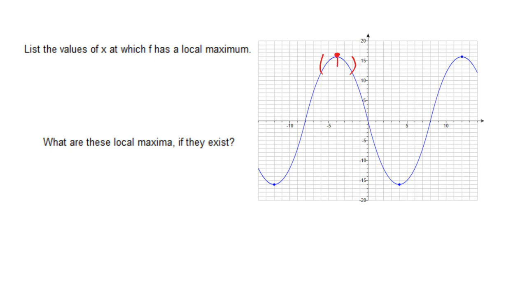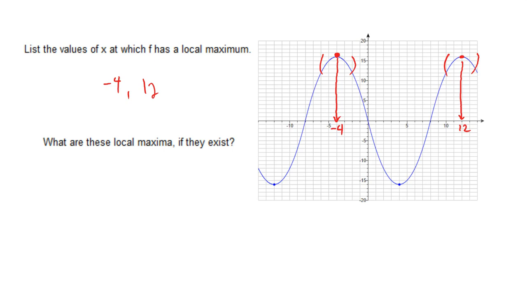So the x value that matches would be at -4. We have another local maximum if we narrow our focus to this local area. We do have a highest y value, and that occurs at an x value of 12. And what are these local maxima?